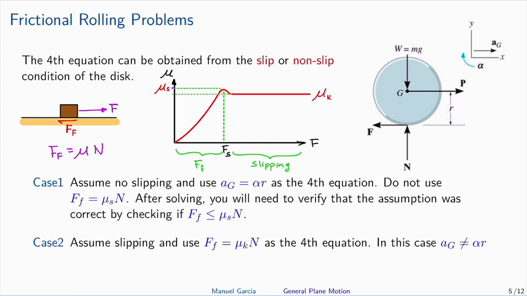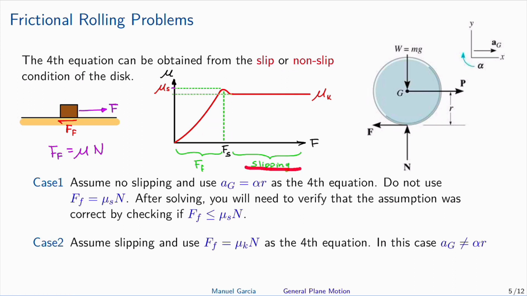That friction force is a function of the normal force multiplied by the coefficient of friction, and that coefficient of friction increases as the force increases until the maximum point Fs, when the body starts to move.